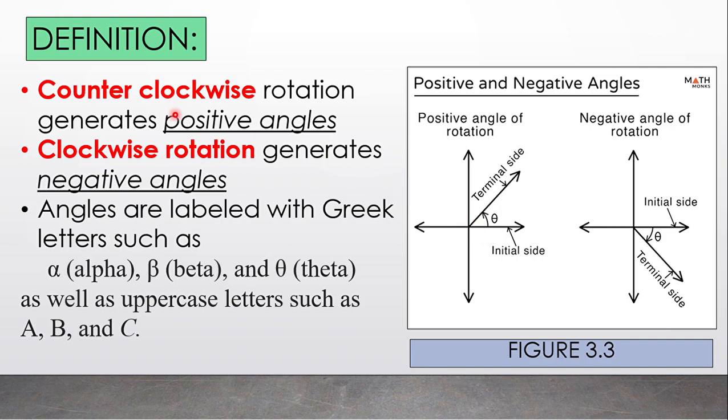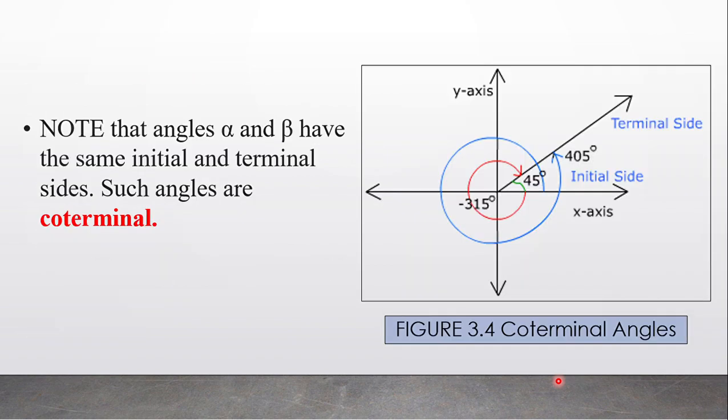If we move the terminal side clockwise, we form a negative angle, so the rotation is clockwise. Angles are labeled with Greek letters such as alpha, beta, or theta, as well as uppercase letters such as A, B, and C. Okay, proceed to the next.